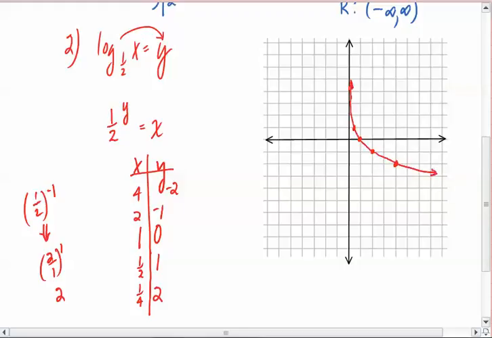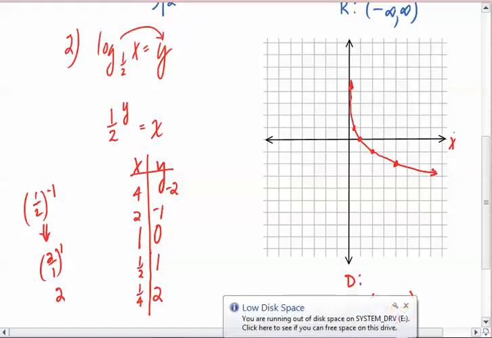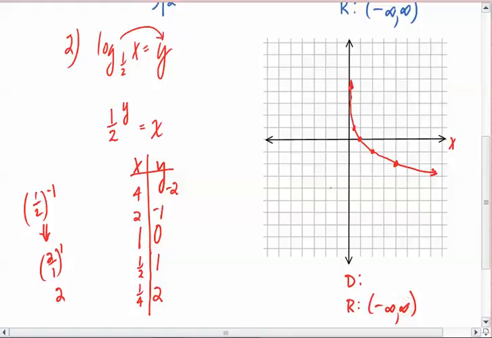It's going to continue to go down low. It's going to continue to go up high. The range is going to be from negative infinity to infinity. That's what I mean by going down low and coming up high. And then the domain, which is the x coordinates that actually have values in the y coordinate, will be from 0 to infinity.